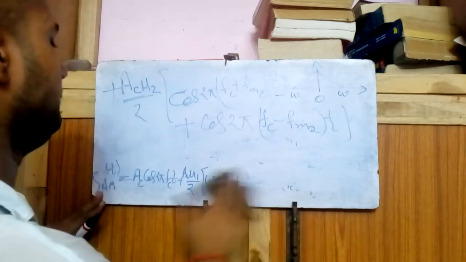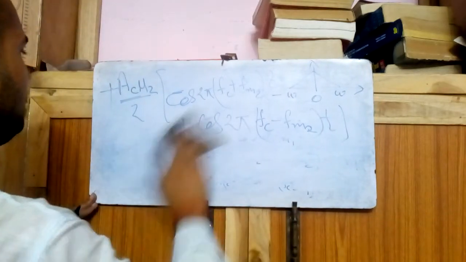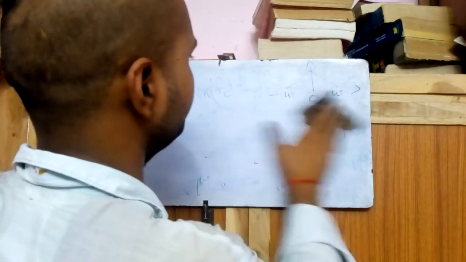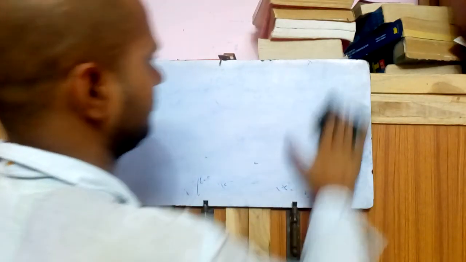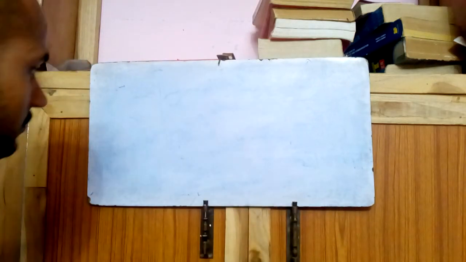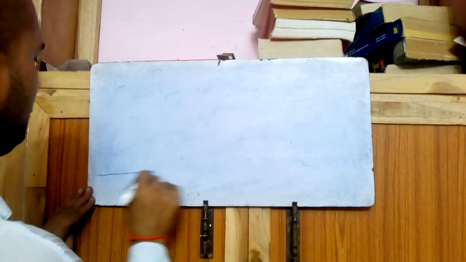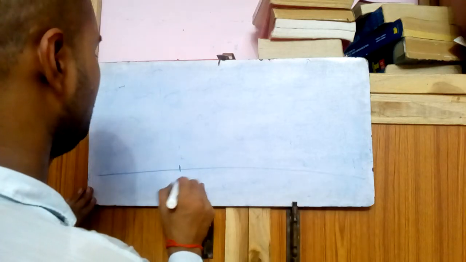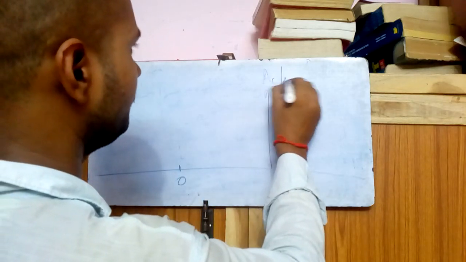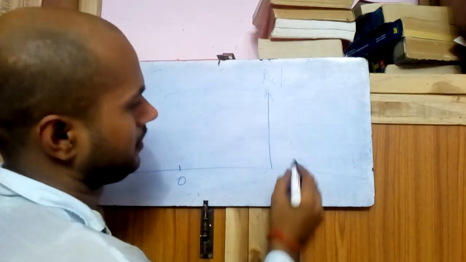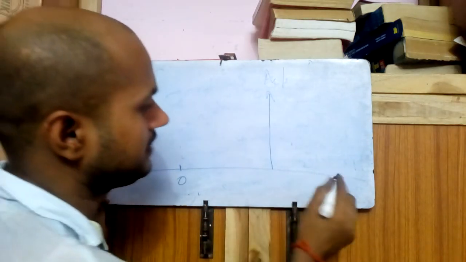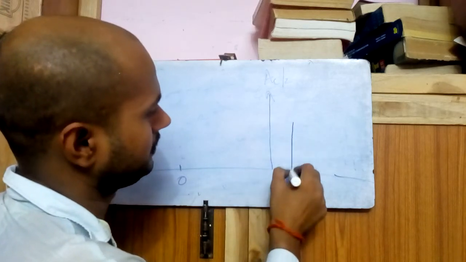So see the spectrum. What will the spectrum be in the frequency domain? This is 0, Ac by 2 impulse, and fm1 and fm2 also have cos, so they have impulses, right?